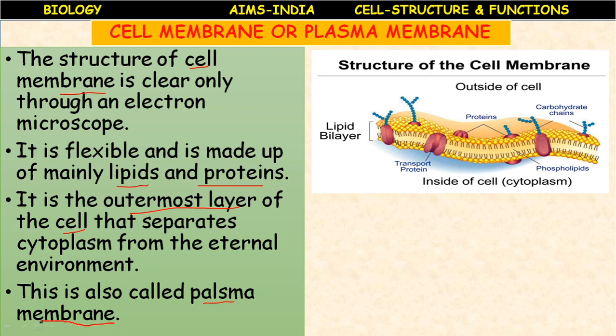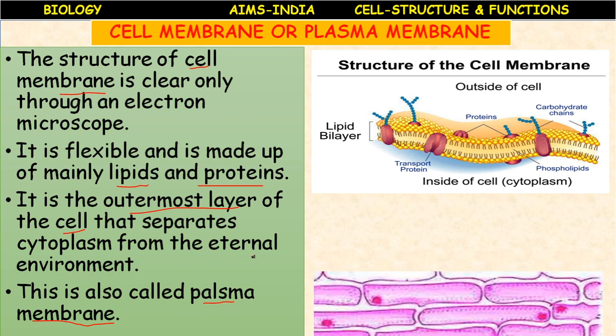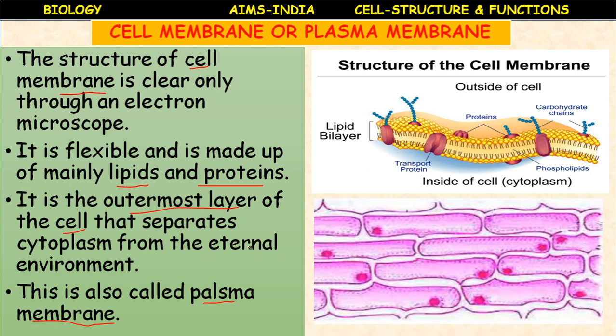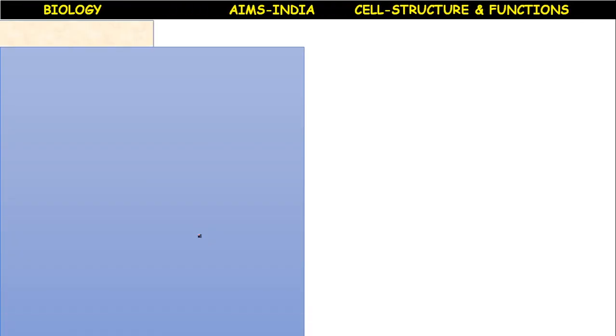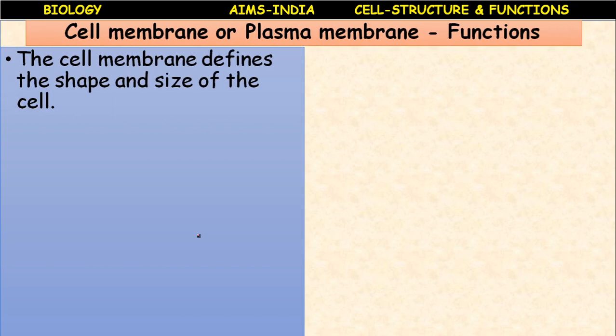The cell membrane is also called a plasma membrane. Okay. So this cell membrane performs different functions. The cell membrane defines the shape and size of the cells.